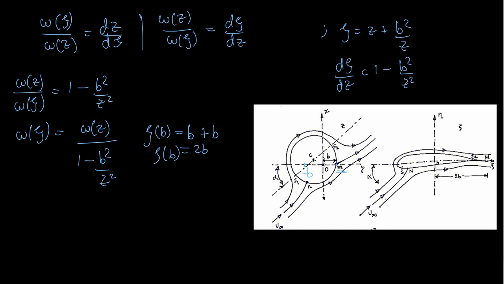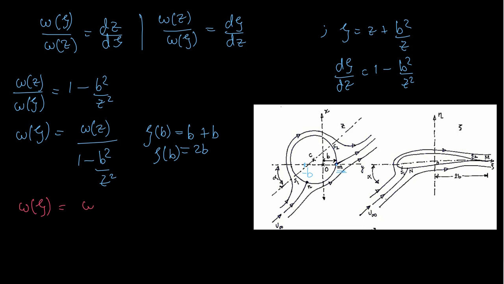Now we need to prove that this point m is a stagnation point, so that the Kutta condition is satisfied and the flow leaves the trailing edge of the airfoil smoothly. To do that we have to set z equals b, and see what happens to our complex velocity in the zeta plane.